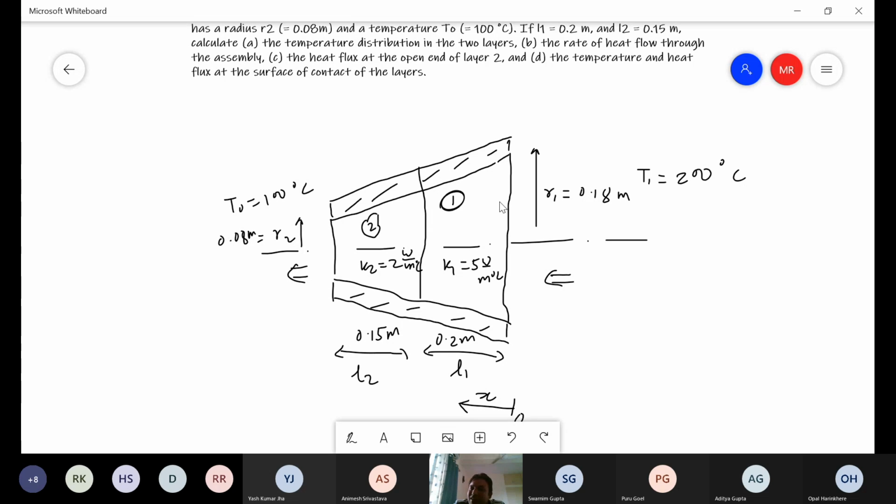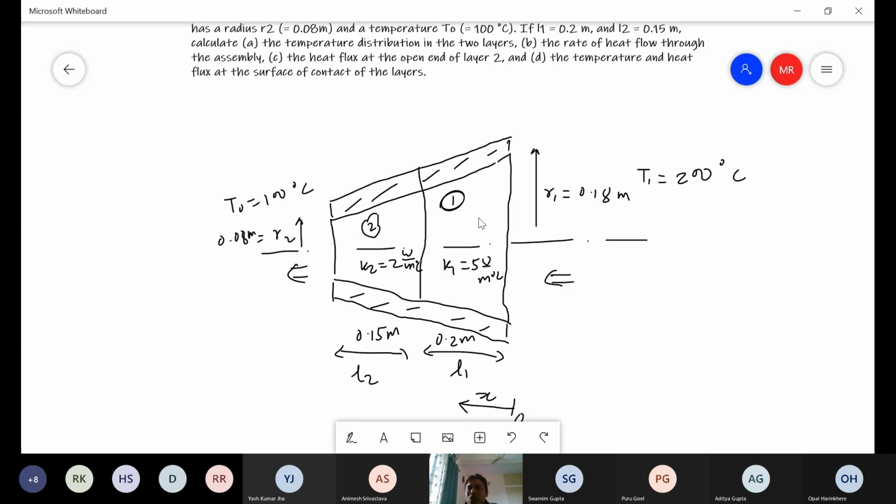For the time being we are assuming that it is not varying along the radial direction. But later on, we will see similar systems where we will not have any insulation here, and then there is heat transfer taking place along the radial direction as well.